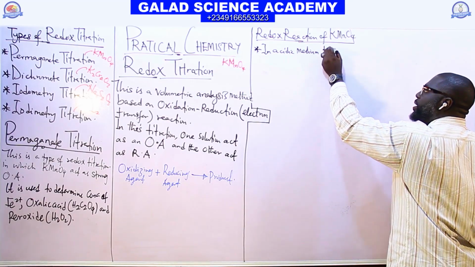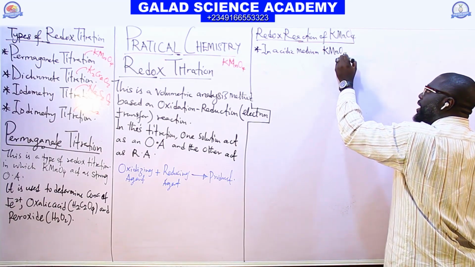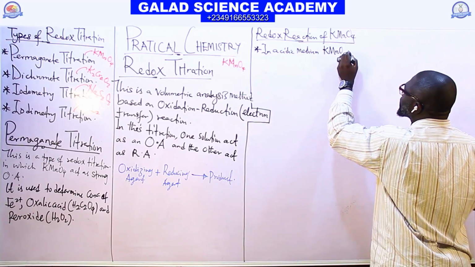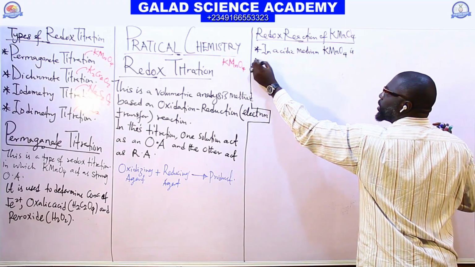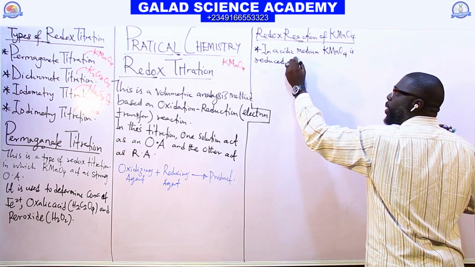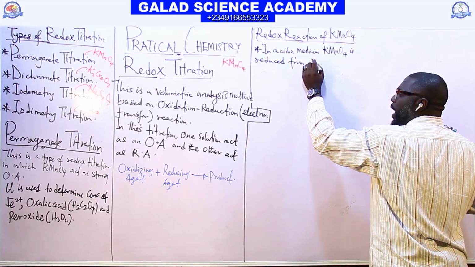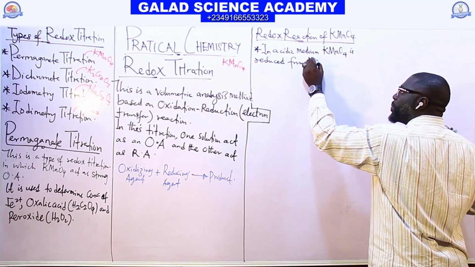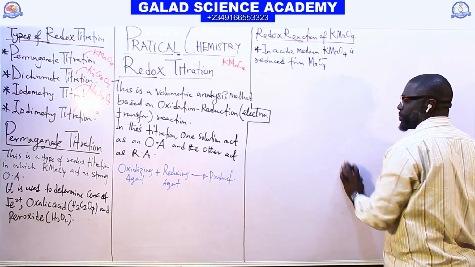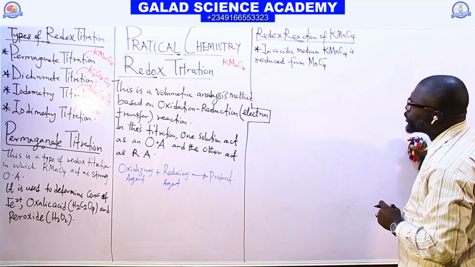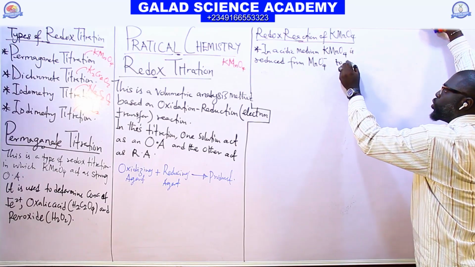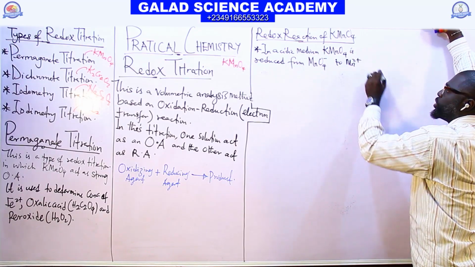So the KMnO4 in acidic medium is reduced from MnO4 minus to Mn2+.